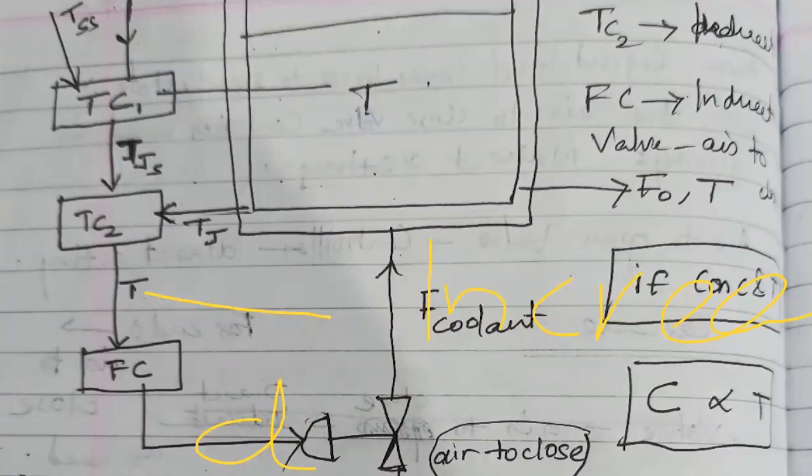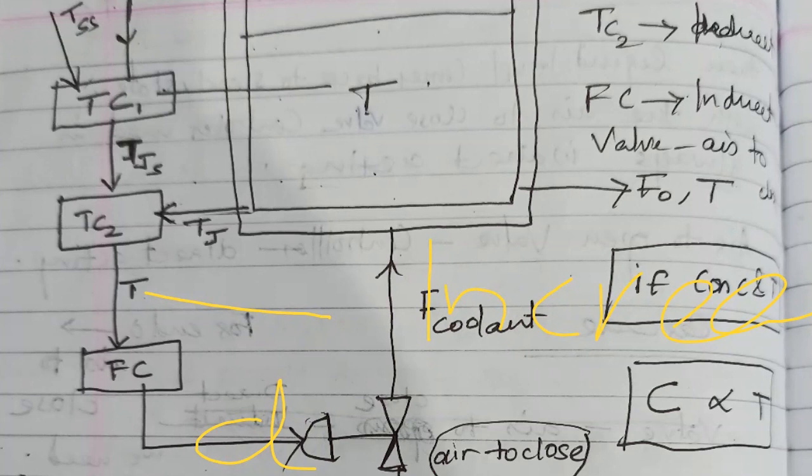Clear? I hope you understood this. You will always have some confusion somewhere, like with an air to close valve. If it is an air to close valve, the coolant is there, so maybe that's why they have given an air to close valve. Air to close valve means air pressure should be decreased so that you will have a coolant flow rate.